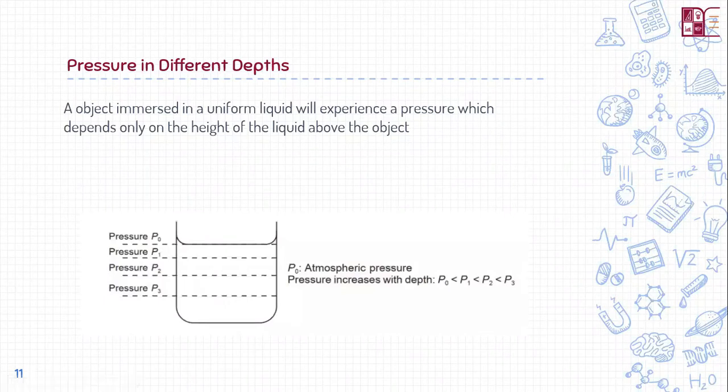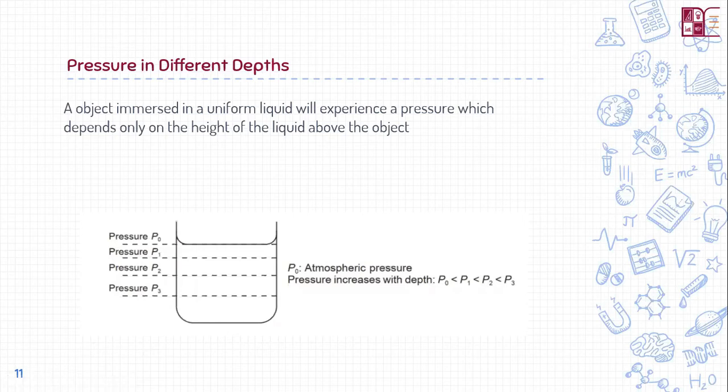Now, moving on to the next, which is pressure at different depths. We understand how height is directly proportional to the pressure being applied on the object. So, as we go deeper down, the pressure will increase.